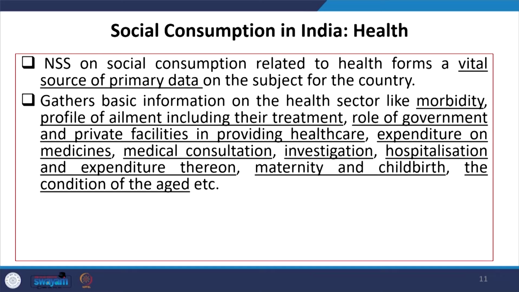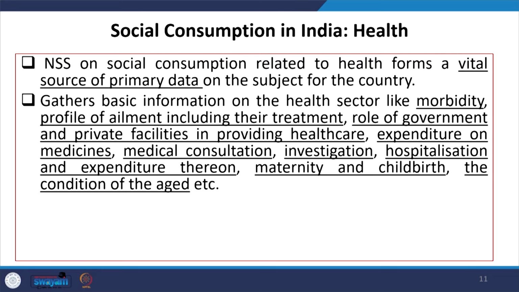So, what about social consumption on healthcare, or health, in India? The NSSO 75th round deals with this information, and this is one of the vital sources of primary data on the subject for the country for analysis.